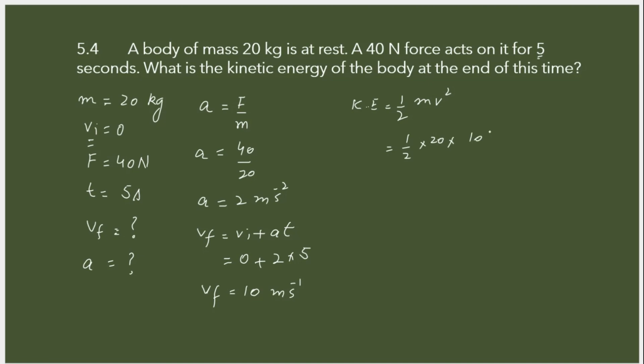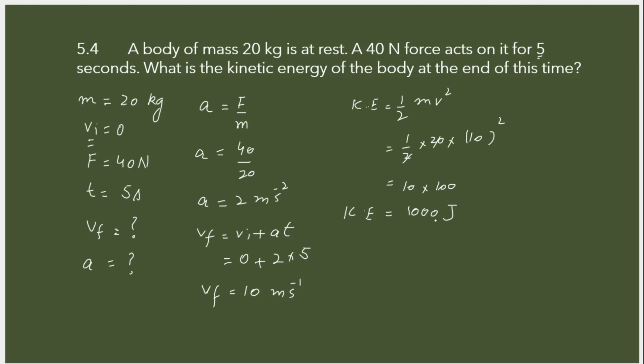Since velocity is squared, we will square 10. Cancelling 20 by 2 will give us 10, and the square of 10 will give us 100. 100 multiplied by 10 will give us 1000. So the kinetic energy of the body after 5 seconds will be 1000 joule.